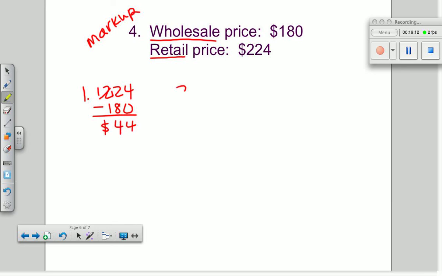Step 2, write your markup as a fraction. So I'm paying $44 more out of 180, right? And step 3, write your percent as a fraction. And step 4, solve. So I have 44 over 180, which is equal to P over 100.